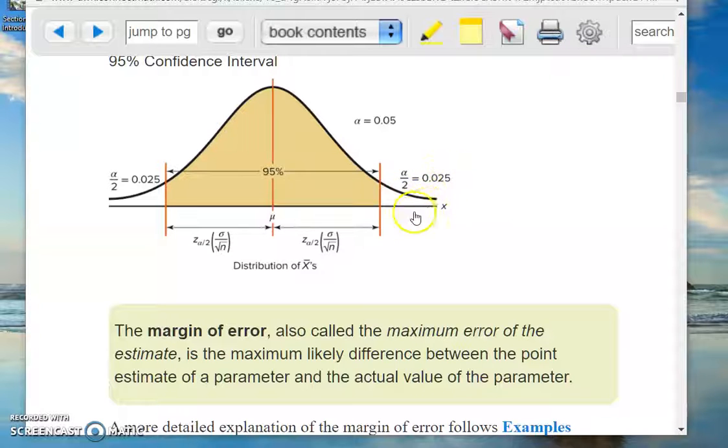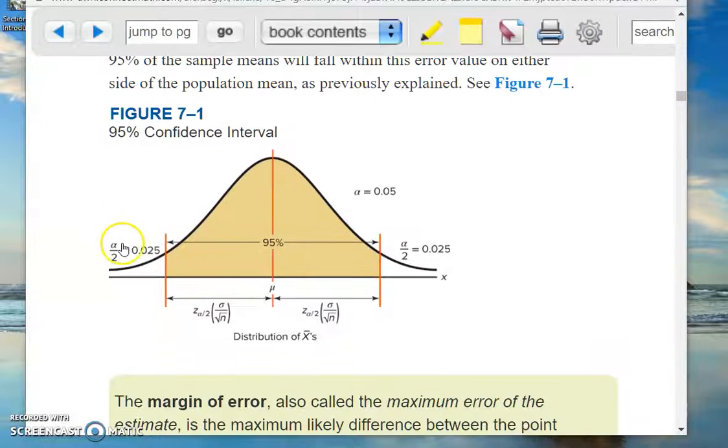So it's 2.5% of the time you're going to be wrong. So an alpha of 0.05, alpha of 5%, means that 2.5% of the time you're wrong over here, 2.5% of the time you're wrong over here. It's always going to be this half: half of being wrong is over here, half of it is wrong over here.